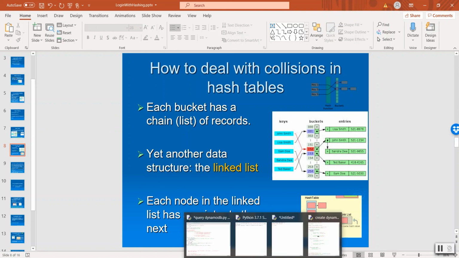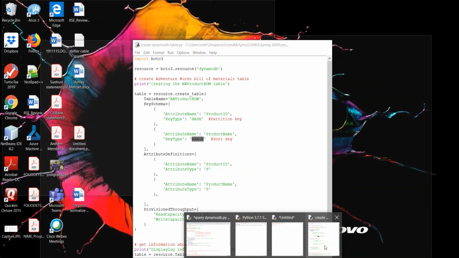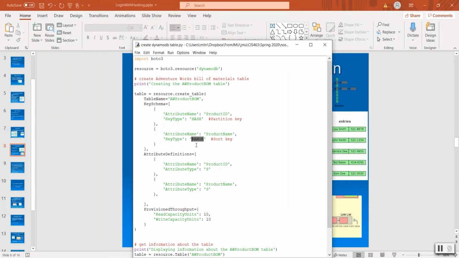Let me go back to the create table here that we did. We have a hash and we have a range. In our case, the hash and the range was kind of superfluous because the product ID by itself was a unique identifier, right? So there's only going to be one product name for that product ID. But in principle, you could have a hash with a range that have many possible values.